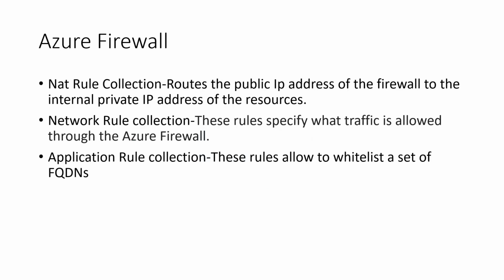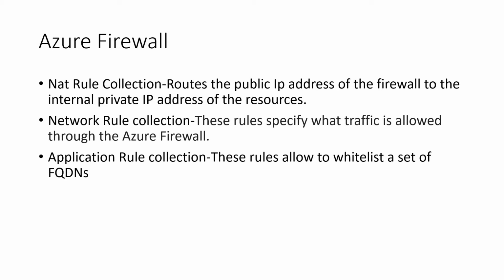And the different types of rules that can be accomplished using Azure Firewalls are: you can have NAT rule collection, which helps you to route the public IP addresses of the firewall to the internal private IP address of the resources.